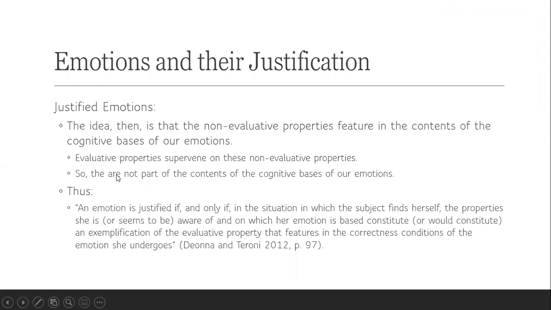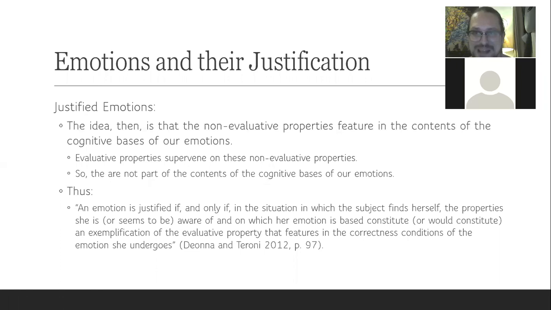So evaluative properties aren't directly part of the contents of the cognitive bases of emotions, because they just supervene on the non-evaluative properties that are features of those contents, right? Like my perception that the dog has sharp teeth and is running toward me. That's the content of my cognitive base, but the evaluative properties supervene on that.